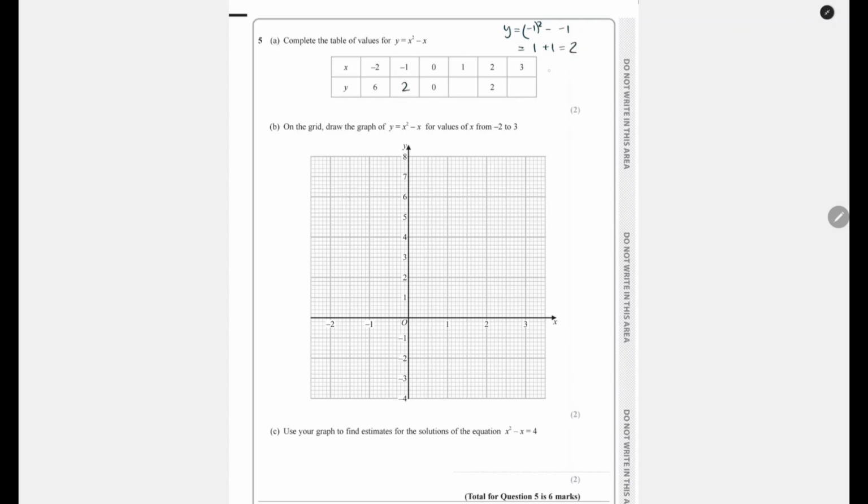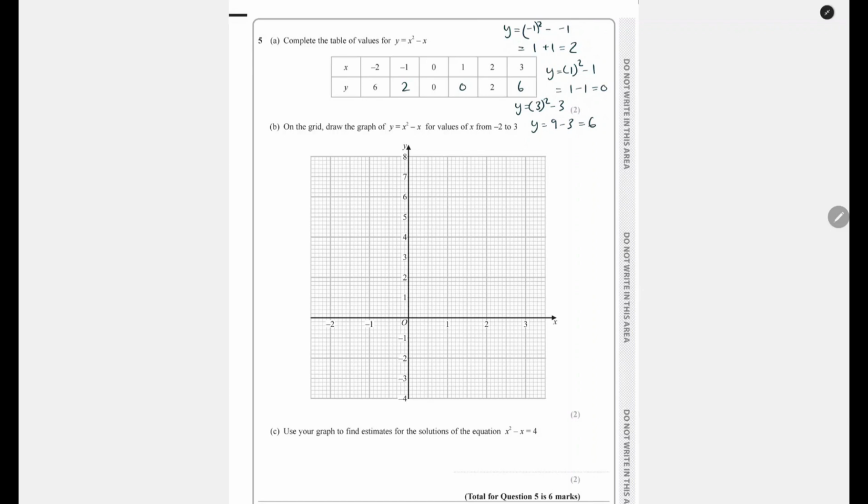When x equals 1, we have y is equal to 1 squared minus 1, which is equal to 1 minus 1, which is equal to 0. And finally, when x equals 3, we have y is equal to 3 squared minus 3, y is equal to 9 minus 3, which is equal to 6.